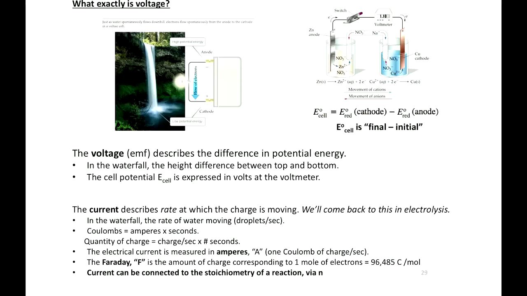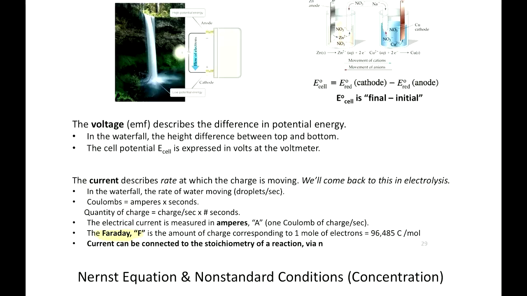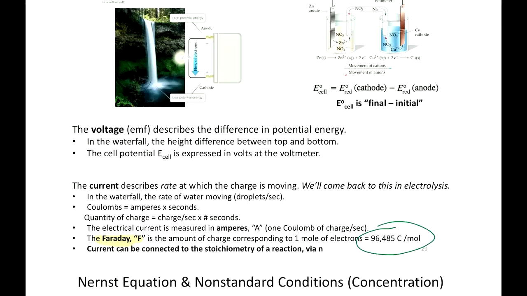And so we can quantify this using Faraday's constant. Here's the unit of Faraday's constant, where 1 mole of electrons is equal to 96,485 coulombs. We can't count electrons, we can't see electrons, but we can measure coulombs, we can measure charge.